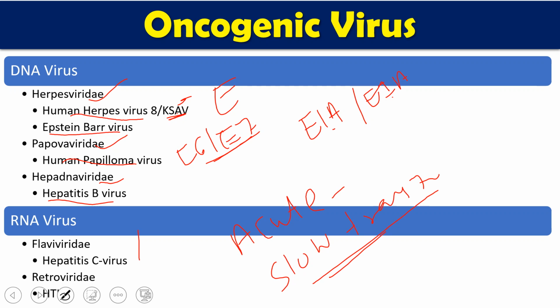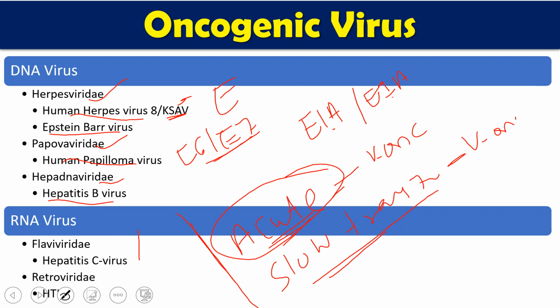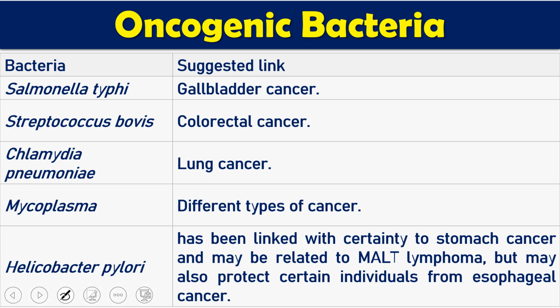Mechanism of transformation is through insertion only here also. So the most important thing which you need to remember is that acute transforming RNA virus has V-onc, whereas slow transforming RNA virus doesn't have V-onc. But because all are retroviruses, they are going to have reverse transcriptase.